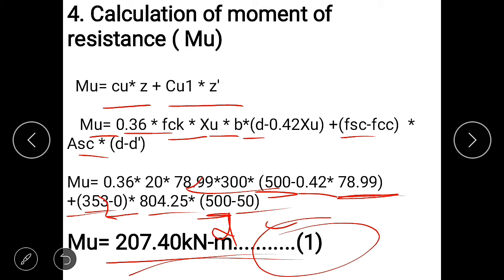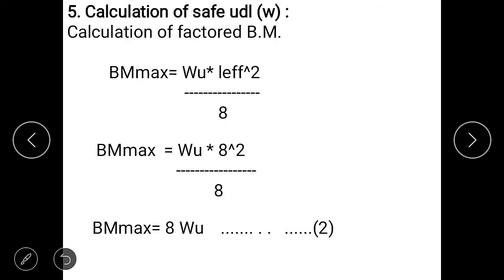Why do we have to take two equations? Because in this numerical we have to calculate the loading W. So for the calculation of loading, we take Mu and factored Mu. So from this we get W. So the calculation of safe UDL, calculation of factored bending moment.